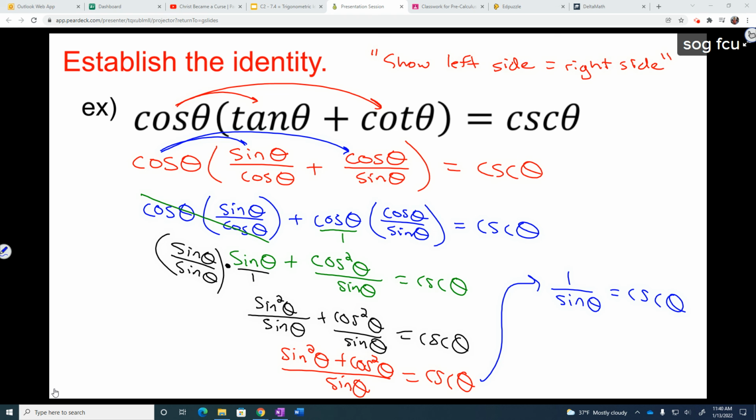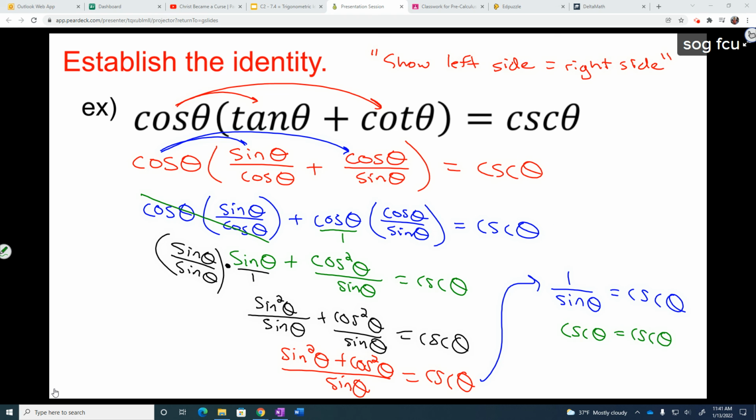This whole top is just 1. Now we're almost there. What's our last step? What is 1 over sine? Cosecant, right? So cosecant theta equals cosecant theta. Good.